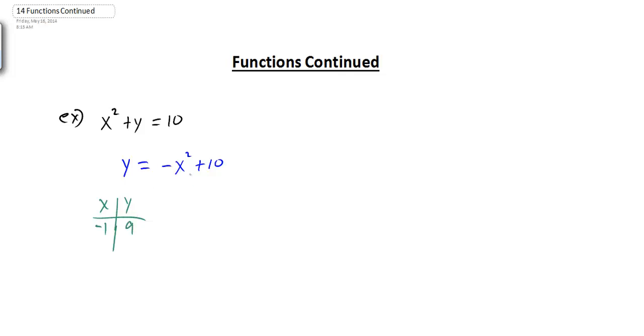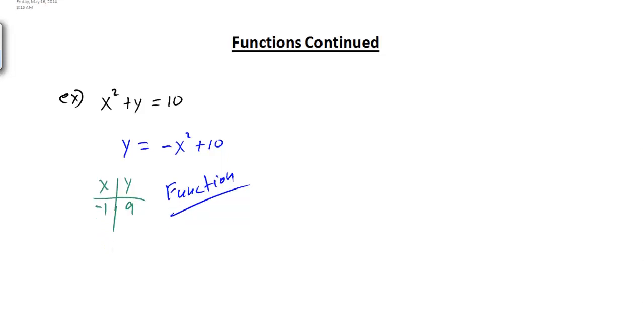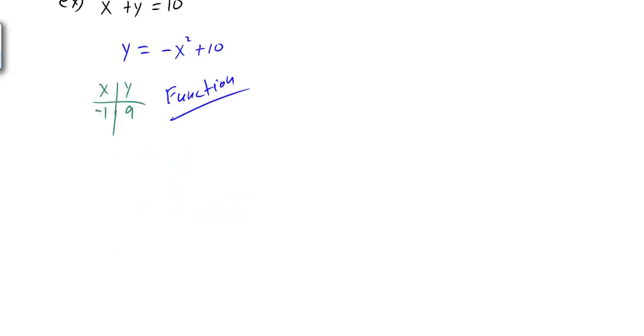If we plug a value in for x, are we only going to get out one y value? In this case, that's all we get. So here we certainly do have a function. This equation represents a function, because if we plug in values for x, we get out one and only one y value. That's what we're looking for when we have an equation: do we end up with repeated x values?